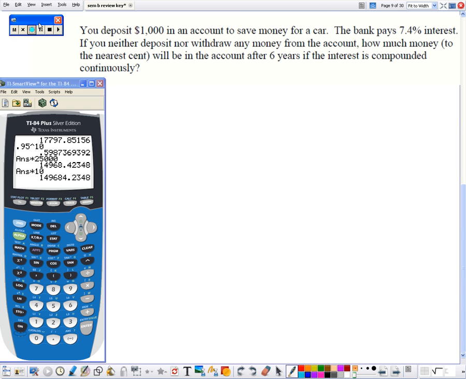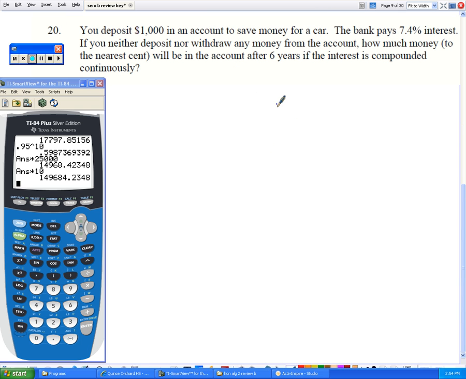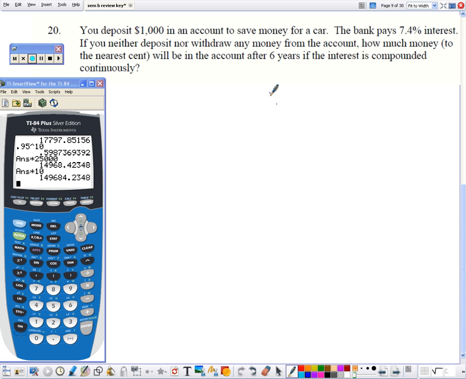And number 20. Compounding continuously, we use the formula principal times e to the rate times time. So $1,000, our interest rate is 7.4%, and we leave the money there for 6 years.